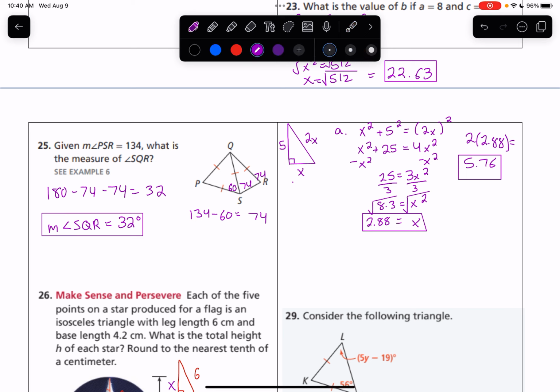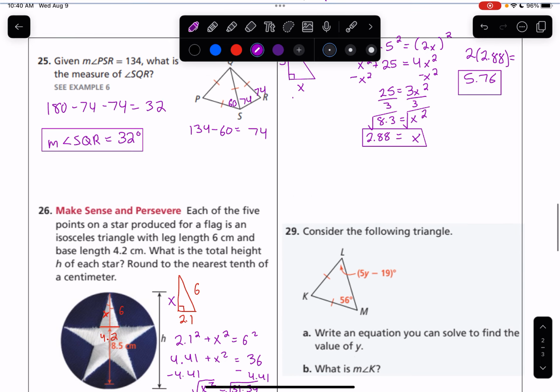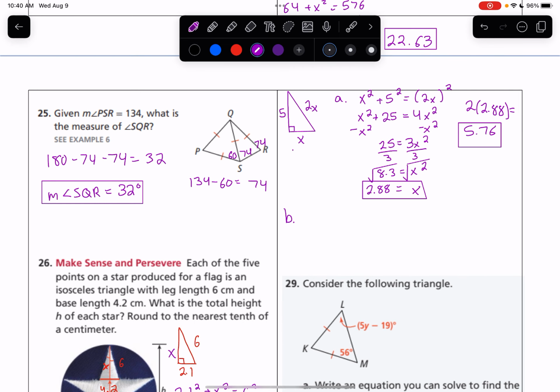So if I'm writing an explanation, it says, explain the method you use to calculate the length, I'm going to write that I use the Pythagorean theorem with x and 2x as the side lengths.